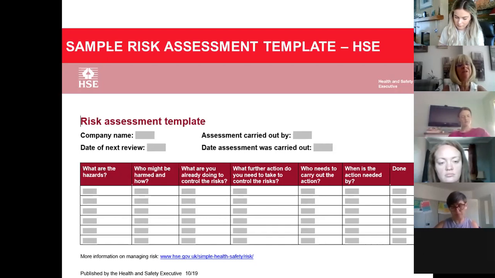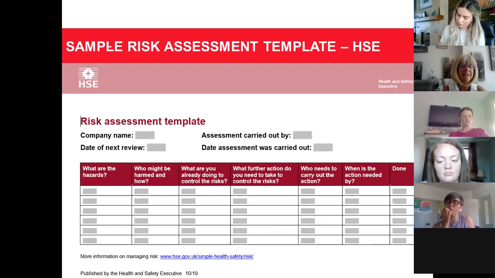So when you're filling out your risk assessment template, you need to consider not just your employees, but what other category of person might come into contact with the hazard on your premises and who also might need to be protected. That would be, for example, visitors, members of the public, or contractors that you have come in to do some maintenance work. All those people have to be covered by your risk assessment and need to be documented on the form.